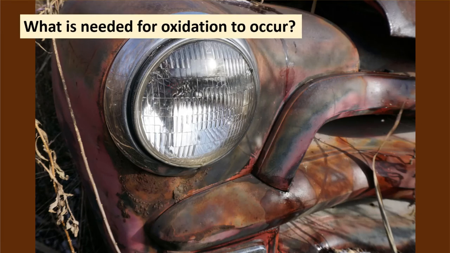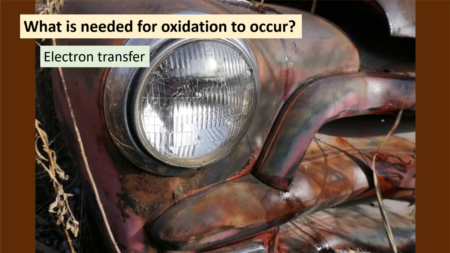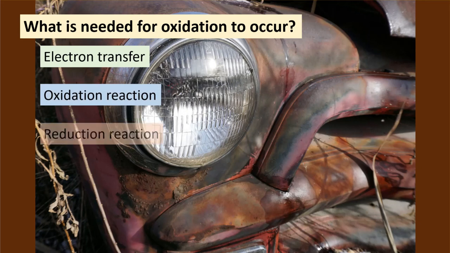So what is needed for oxidation to occur? Well, there must be electron transfer. And for there to be electron transfer, there must be an element that loses electrons, and there must be an element that gains electrons. Let's take, for example, a metal that reacts with oxygen.